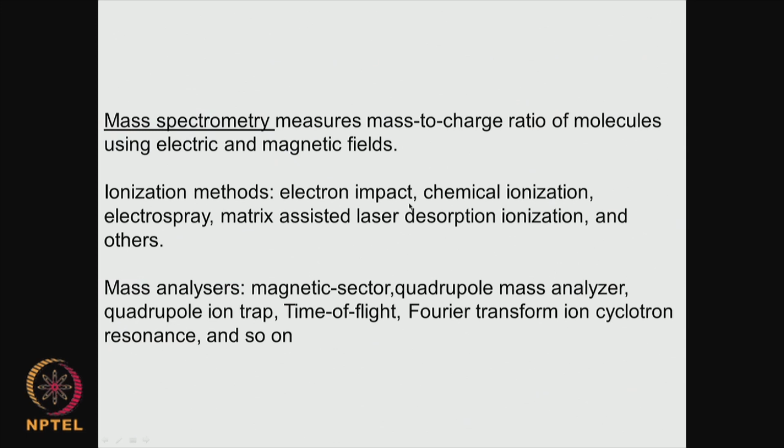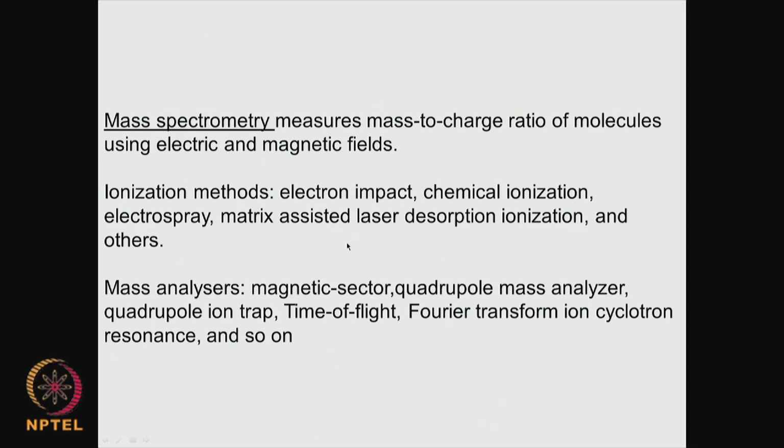One is you bombard the molecule with electrons, or you can bombard the molecule with chemicals, or we can spray the molecule at high voltage, or we can use a matrix material which in turn ionizes the molecules, that is called matrix assisted laser desorption. So, there are many different ways by which molecules can be ionized.